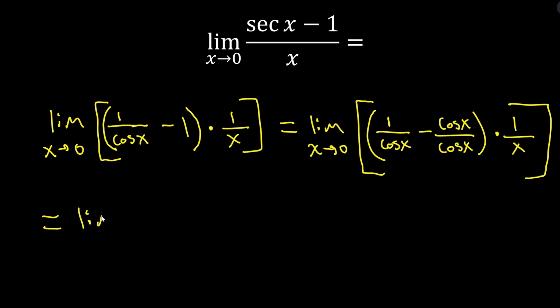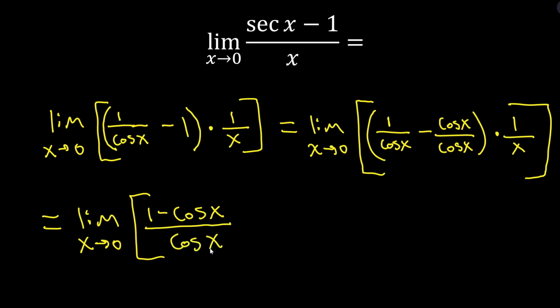Let's go and rewrite that. This is equal to the limit as x approaches 0 of, in the numerator we have 1 minus cosine x. In the denominator we have cosine of x. And this is still times 1 over x. And now I'm going to do a similar swappity swap that I did in the last example where I said, oh, cosine of x times x. When we're multiplying two fractions together, we just multiply across numerators, across denominators.